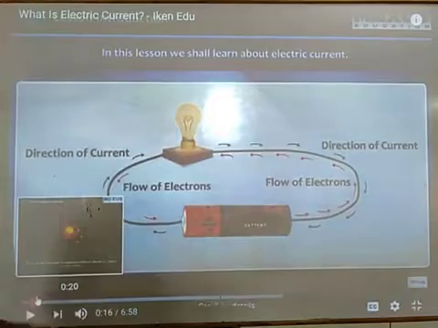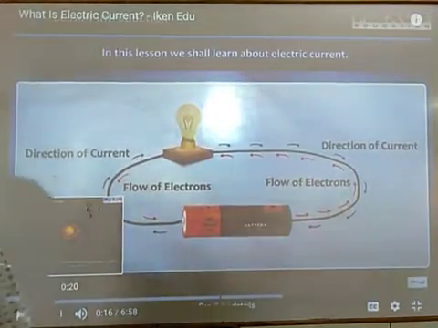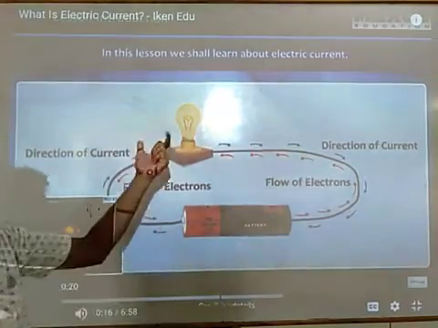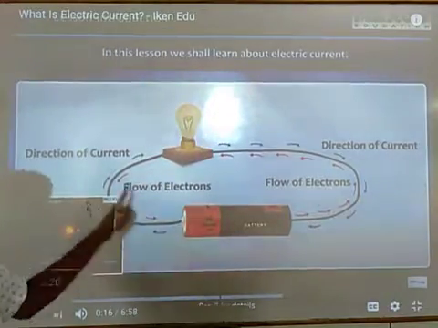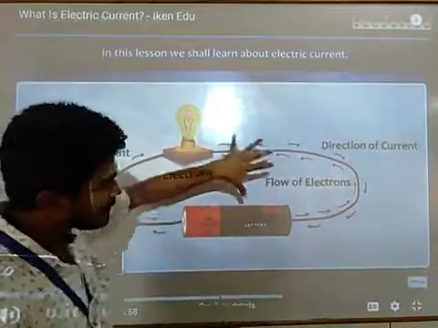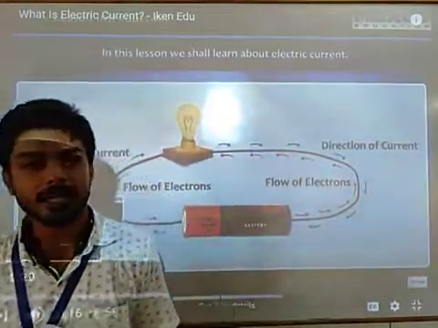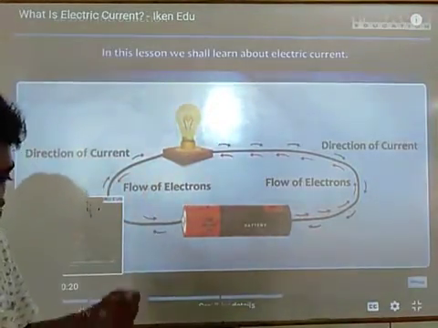We have studied a basic electrical circuit, which consists of a bulb, a battery or cell, and a few connecting wires. I think this circuit is a part of our daily life. We used to play with this type of circuit.